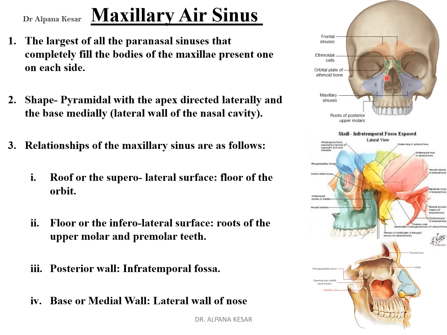Its relationships are as follows. This is the roof of maxillary air sinus. The roof of the maxillary air sinus is also its supralateral surface, and it is related to the floor of the orbit.